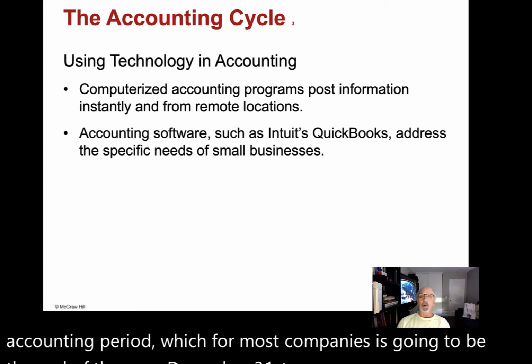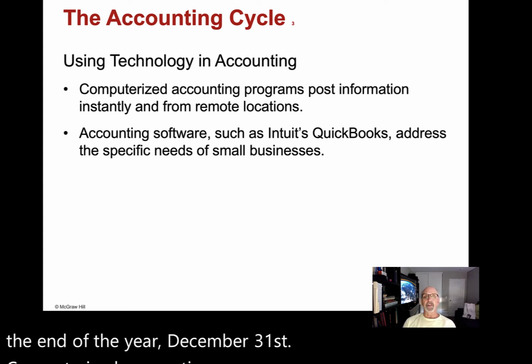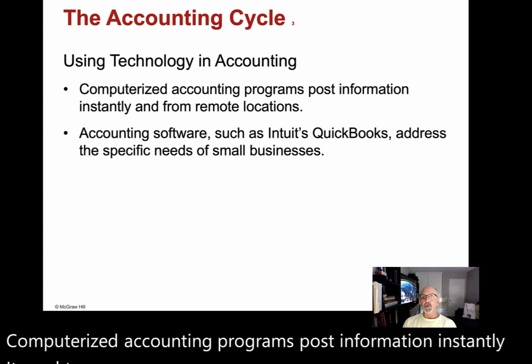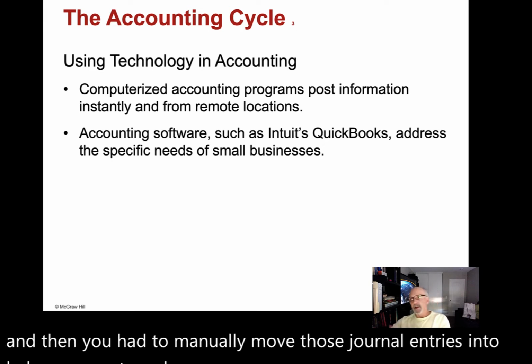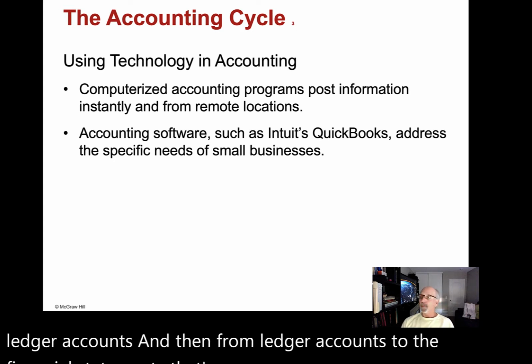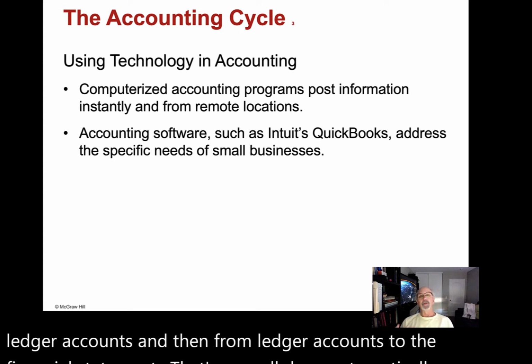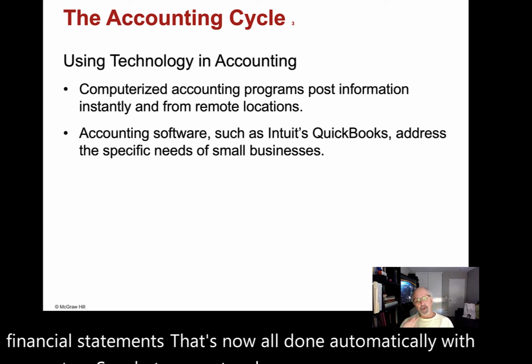Computerized accounting programs post information instantly. It used to be with manual books, you had the general journal, and then you had to manually move those journal entries into ledger accounts, and then from ledger accounts onto the financial statements. That's now all done automatically with computers. So what computers have done is they're doing a lot of the grunt work, right?